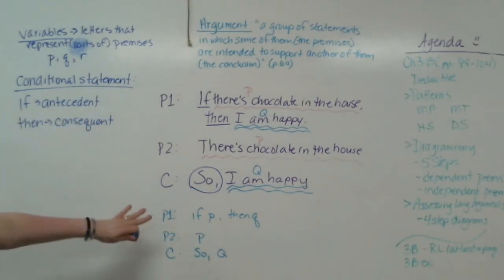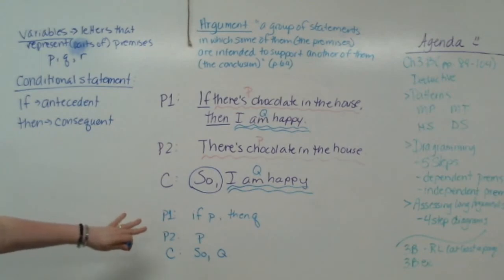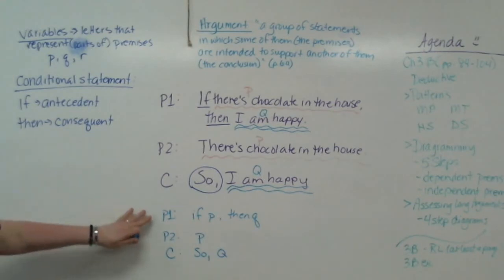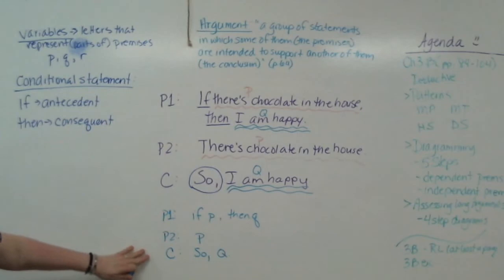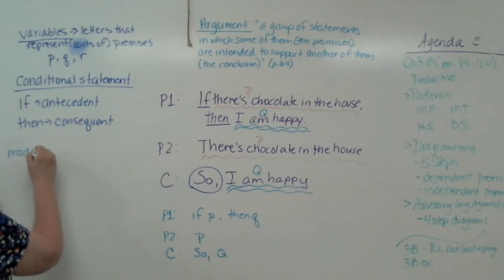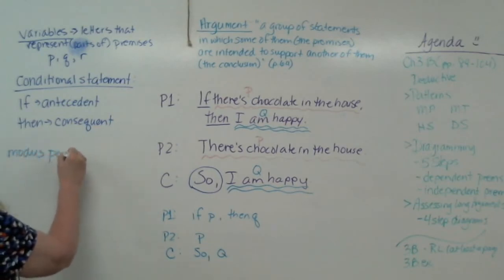See how much faster that is and smaller that is, but it doesn't lose any of the structure, because that's what we're looking at right now. Remember, content is separate from structure. Content implies structure, but it's not the same thing. This particular structure is called a modus ponens.